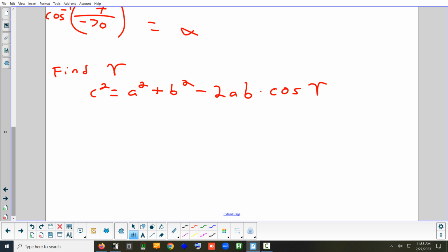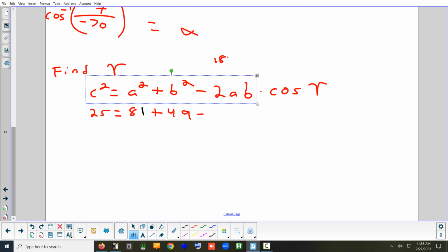Okay, just so I don't have to scroll up and down. What's c squared? 25. A squared? 81. B squared? 49. All right, and then what's a? 9. So 2 times 9 is 18. What's b? 7. What's 18 times 7? 70 plus 56, and then it's 126.